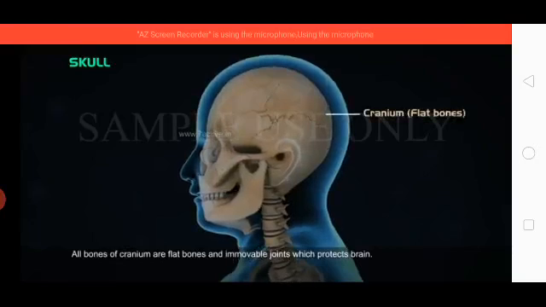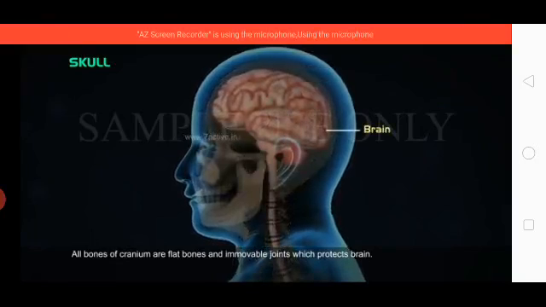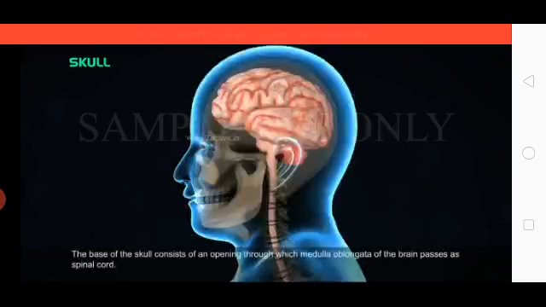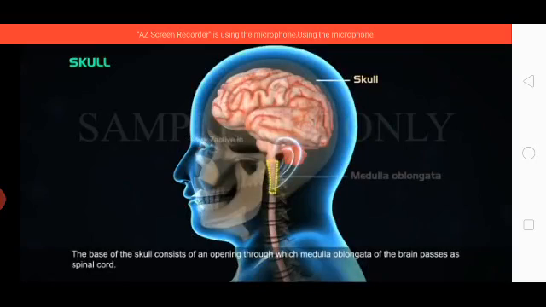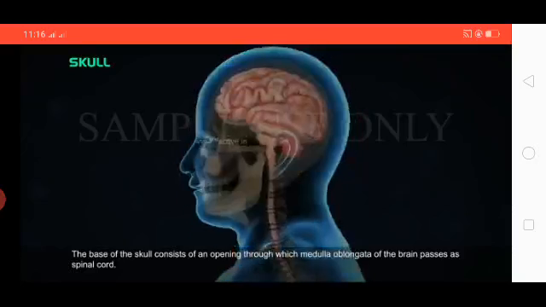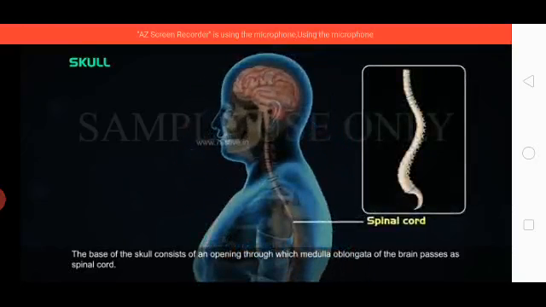All bones of the cranium are flat bones and immovable joints which protect the brain. The base of the skull consists of an opening through which the medulla oblongata of the brain passes to the spinal cord.